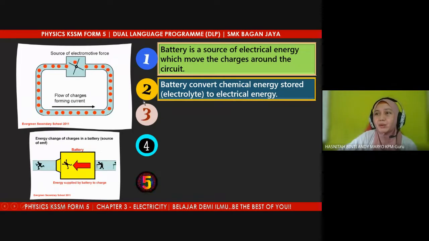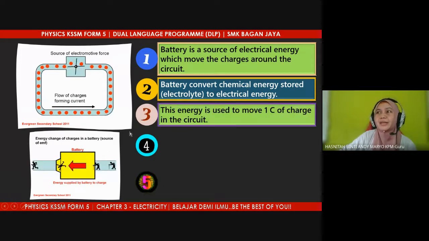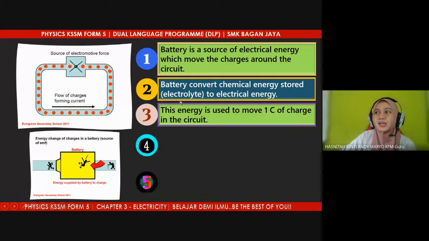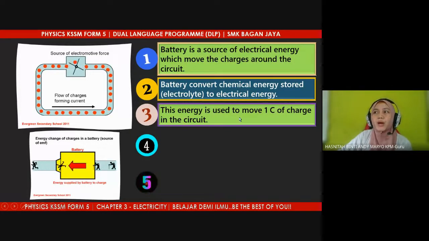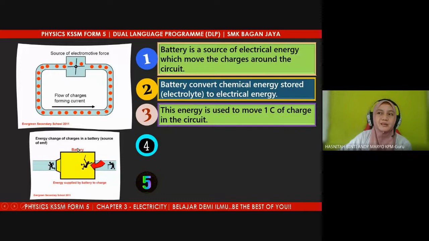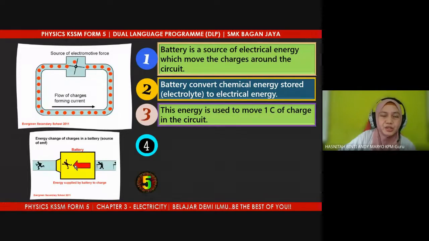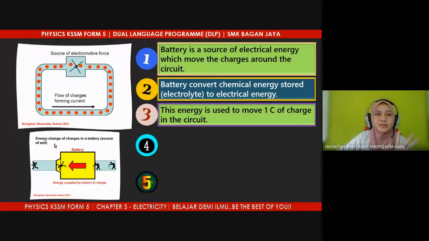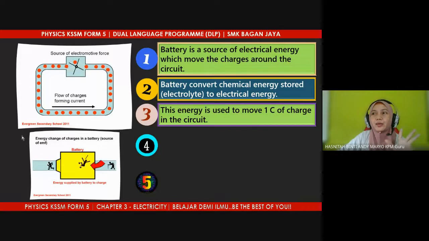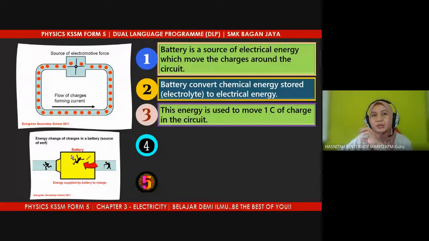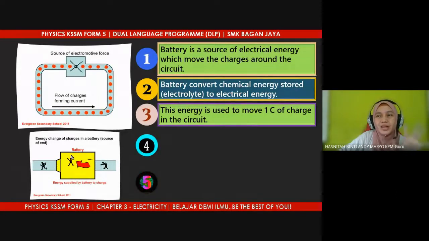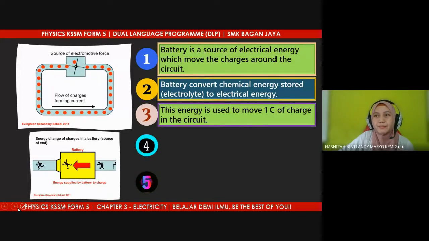Okay, then what happened to this energy? The chemical energy is converted into electrical energy, so it will be used to move 1 coulomb of charge in the circuit. So we have a battery, it converts chemical into electrical energy. And later, what will this electrical energy do? It will give energy to each 1 coulomb of charge passing through the battery.